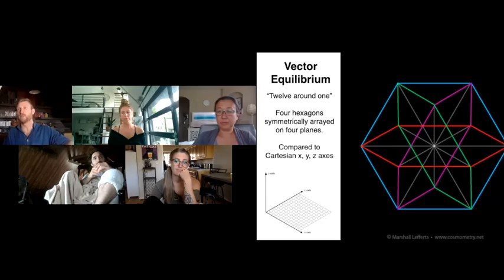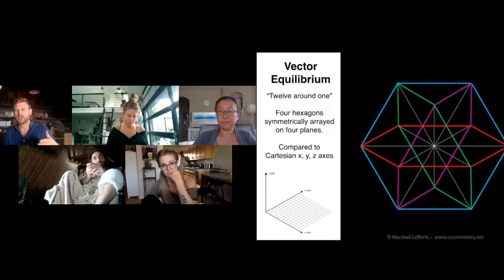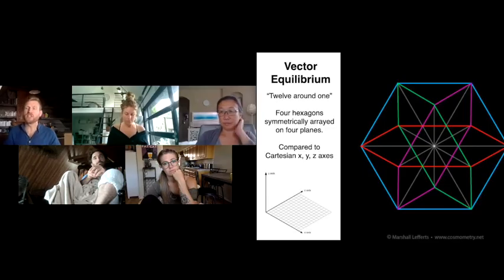And so the vector equilibrium encodes that, as opposed to the Cartesian system, which doesn't, and which encourages us to think in these 90-degree structures as opposed to 60-degree structures, which gives us a very different idea of how reality works. So this cuboctahedron, the vector equilibrium, has taken us from 3D reality into 4D space. And Fuller himself says synergetics permits conceptual modeling of the 4th and 5th arithmetic powers.